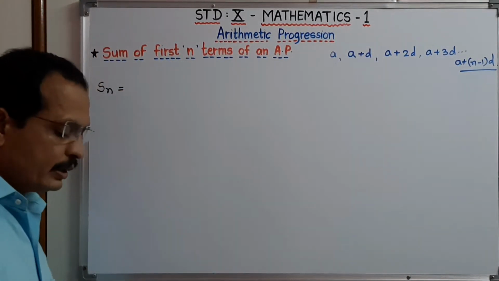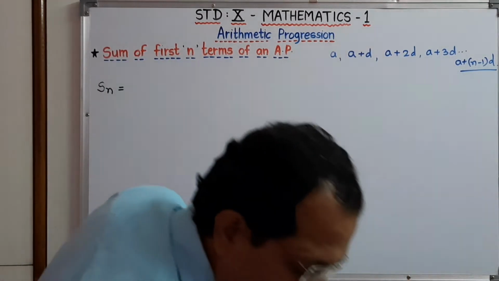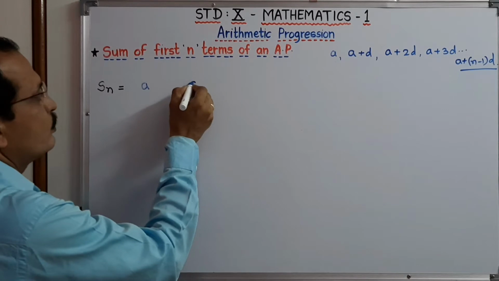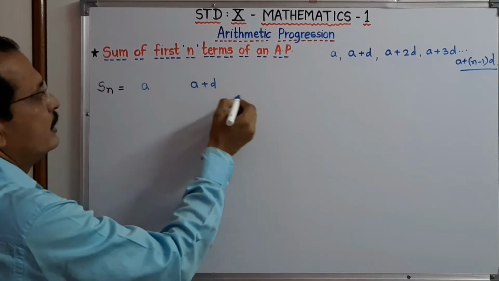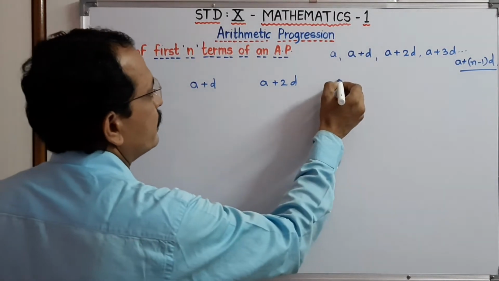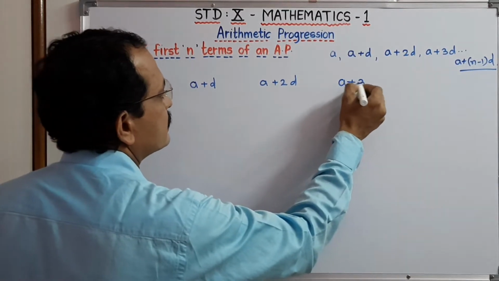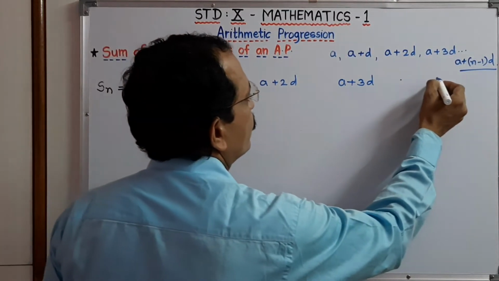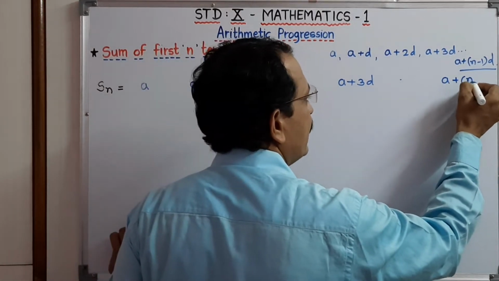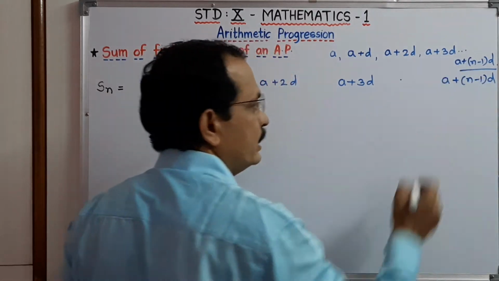Now first of all we write the first term a, the second term will be a plus d, the third term a plus 2d, the fourth term a plus 3d, and so on. We write the last term a plus n minus 1 into d.